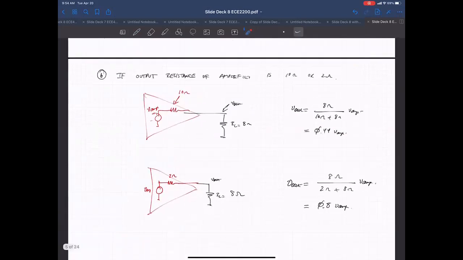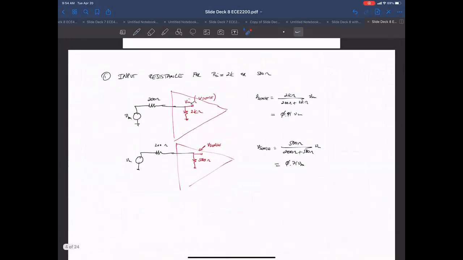So this is an example showing what's preferred in terms of input and output impedance or resistance. So you can see generally it's better to have a low output resistance and a high input resistance for an amplifier as a general case. That way you lose less of your signal.